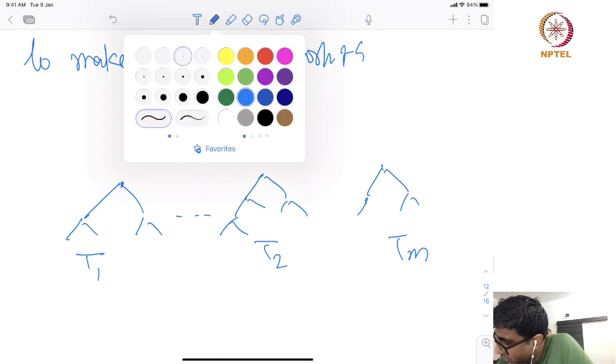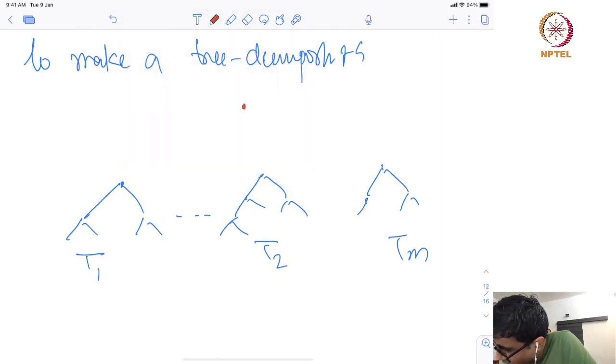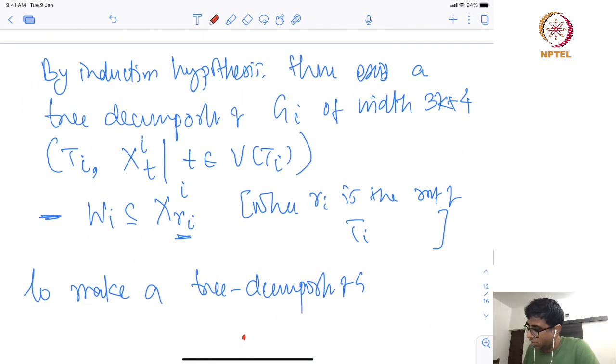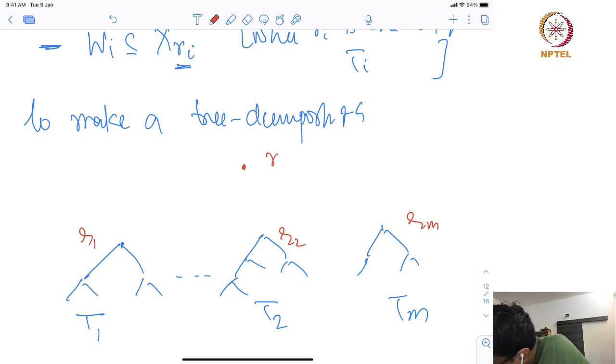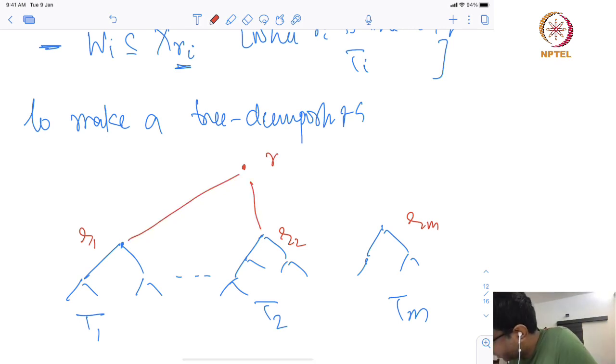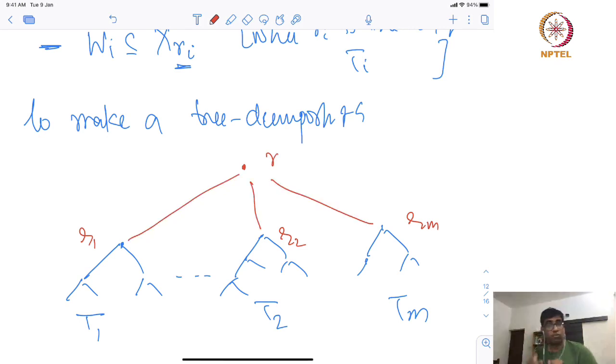These are rooted at r_1, r_2, ..., r_m. For the tree structure for G, I'm just going to make one new root, call it R, and make it adjacent to each of these roots. So this is my tree structure.